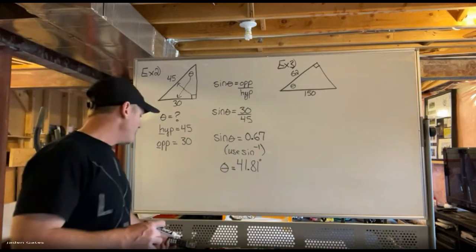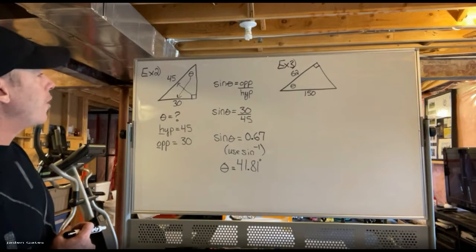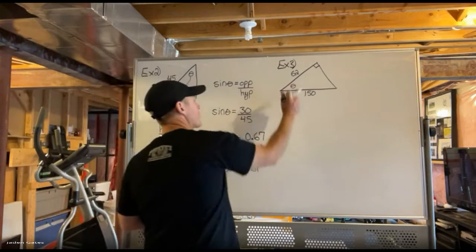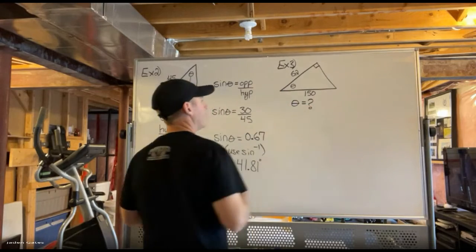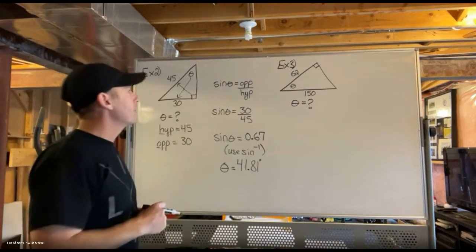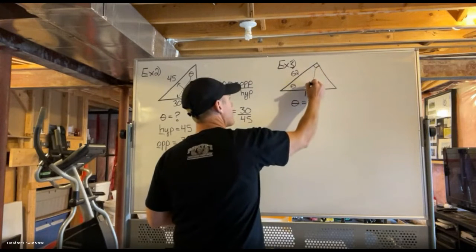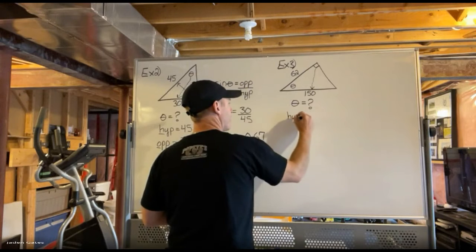All right, last one here. A little bit of a triangle that's fallen down, but again, I'm going to write out my given information, and of course, I am looking for theta. Now figure out what sides we got. Again, I'm looking for the side across from my right angle because I know that's the hypotenuse, and it looks like I have it.